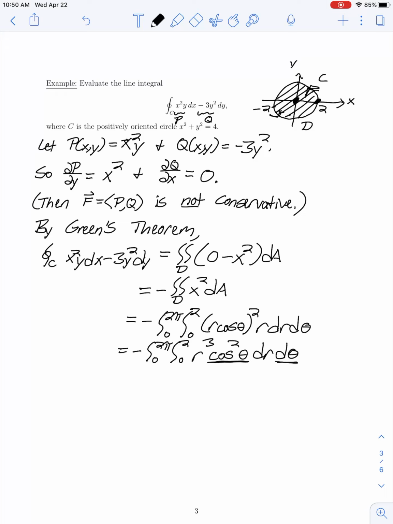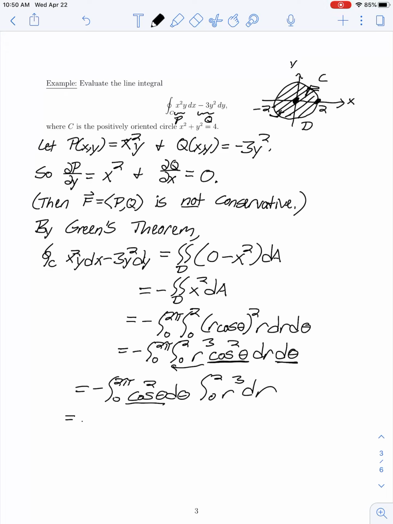So I could pull the constant cosine squared theta d theta out in front of this integral for r, and I'm left with the negative integral from 0 to 2 pi of cosine squared theta d theta, and then my integral from 0 to 2 of r cubed dr. So really here we just have the product of two different integrals, one with respect to r, one with respect to theta. Now our first one is the integral of cosine squared theta.